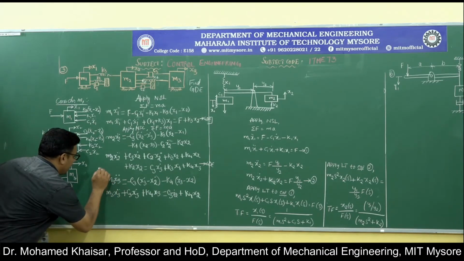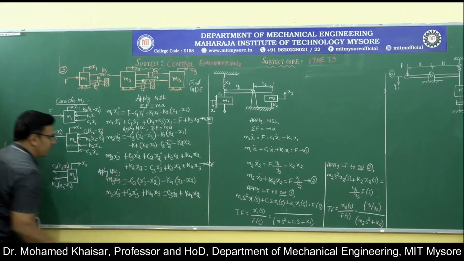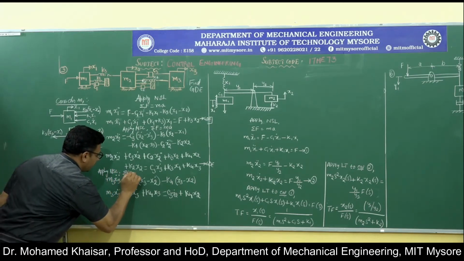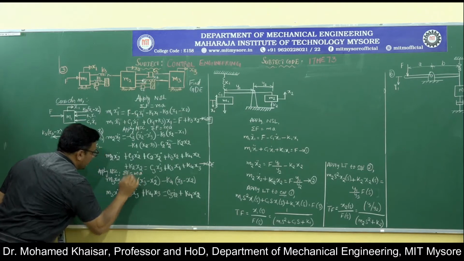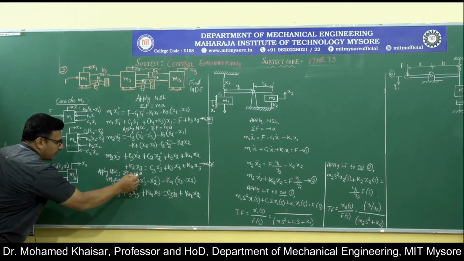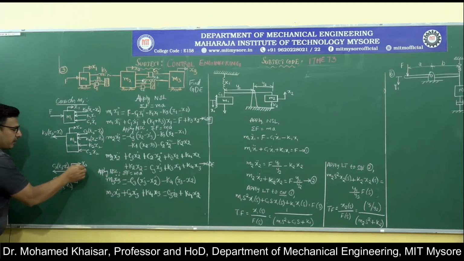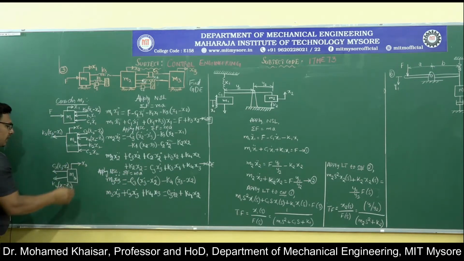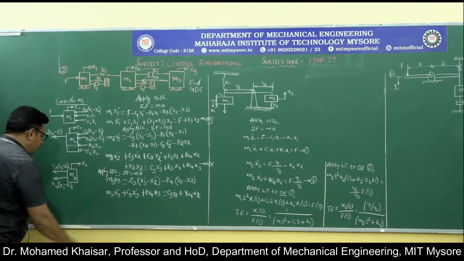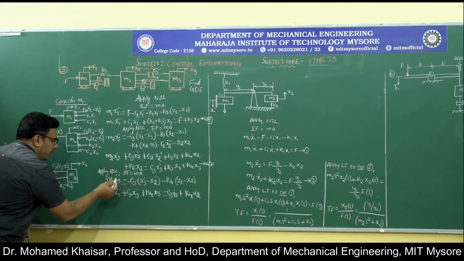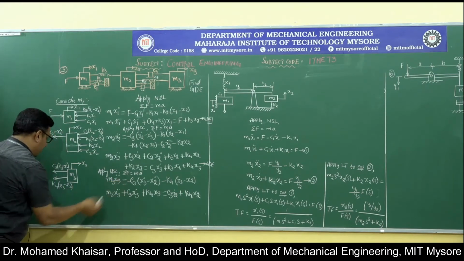Then again apply Newton's second law to the mass m3, which says sigma F is equal to ma. What is mass m? It is m3. What is acceleration for this mass? Since x3 is the displacement, x3 double dot will become the acceleration.